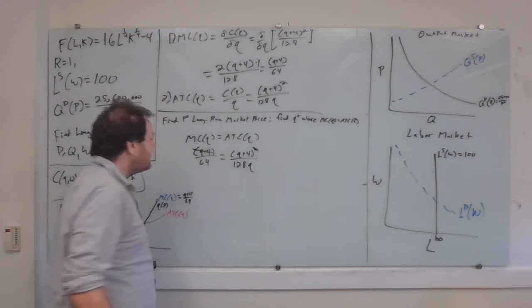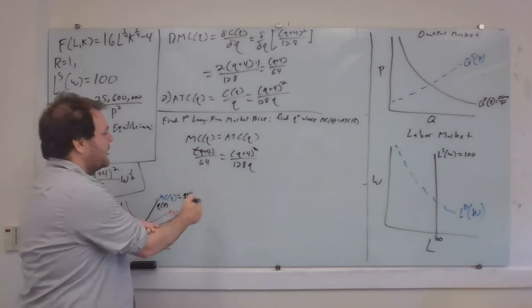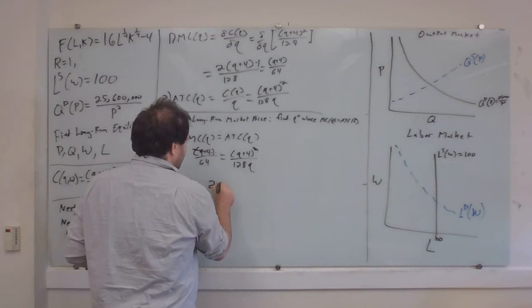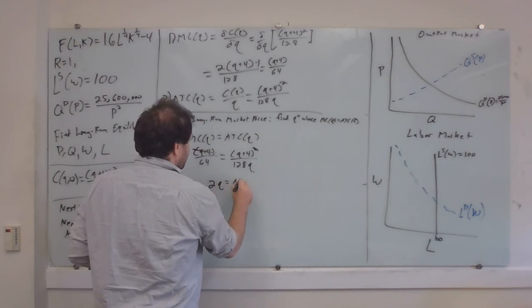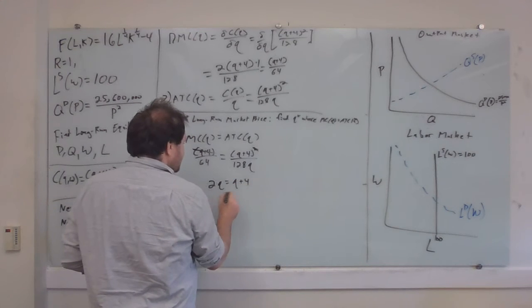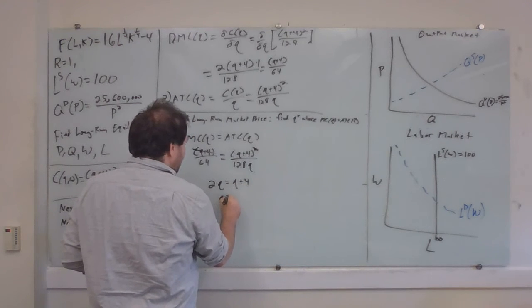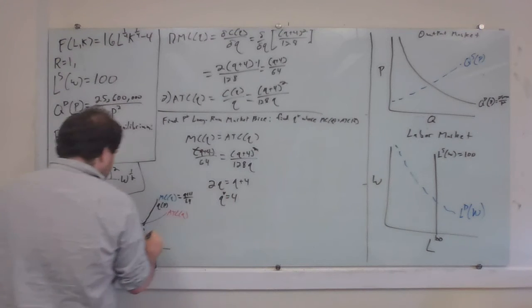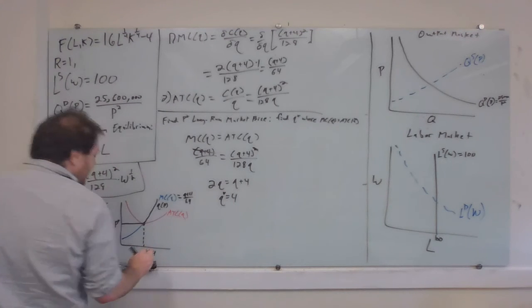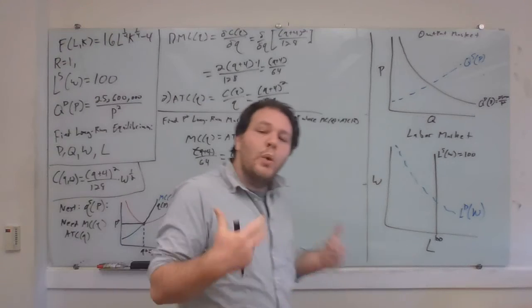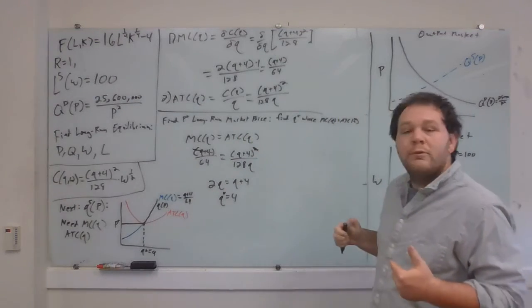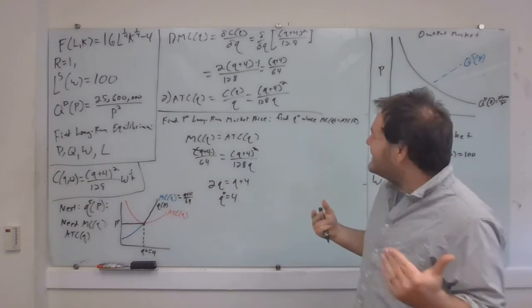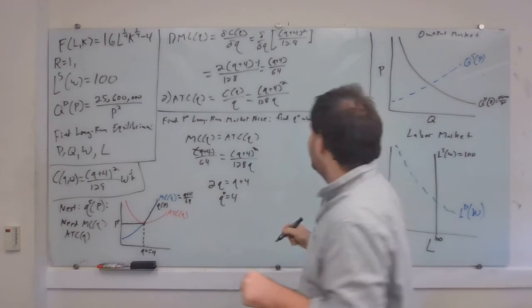That takes care of that. I'm going to multiply both sides by 128Q. That's going to tell me 2Q equals Q plus 4. So this is going to tell me that Q equals 4. Amazing. So what we've just figured out is that each of our firms is going to produce precisely 4 units of output. Wonderful.